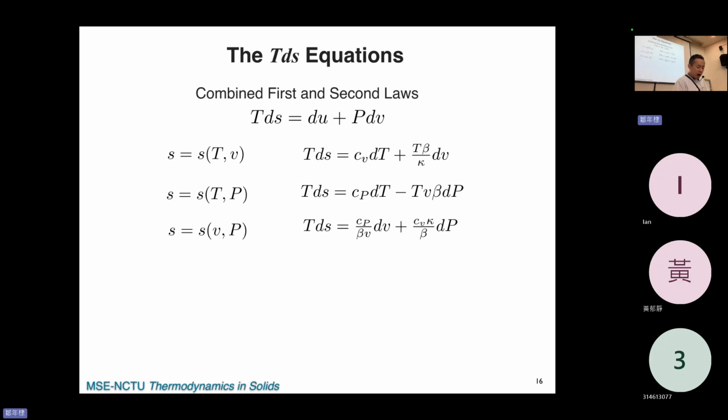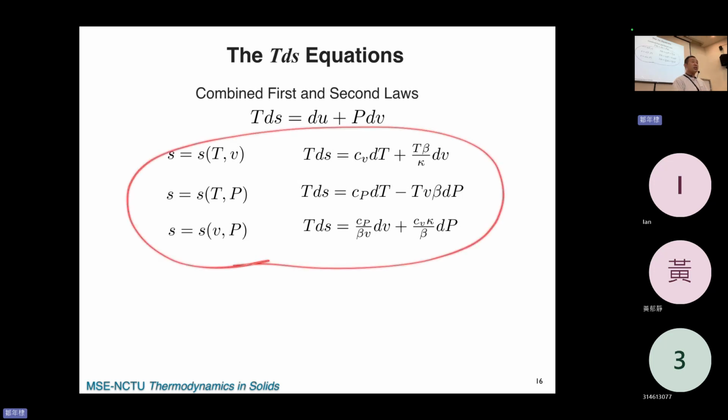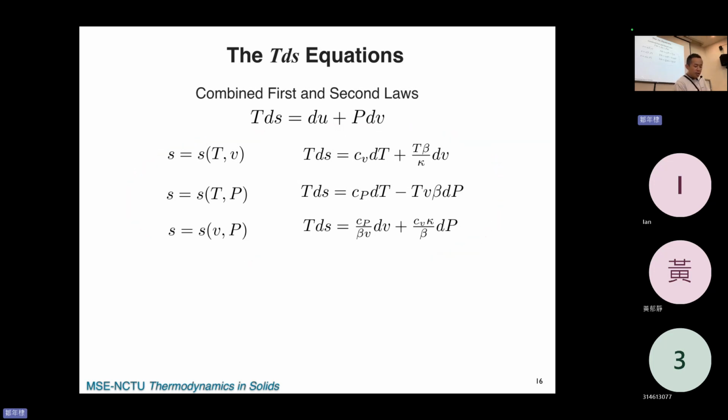Okay, so that's how we obtain the TDS equation. We apply some mathematics to decipher it into three forms. The three forms here are all equal to TDS, but they are related to different properties.